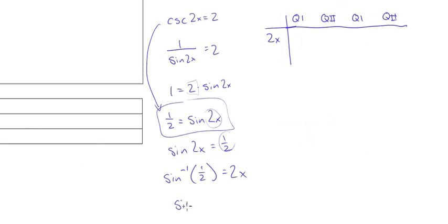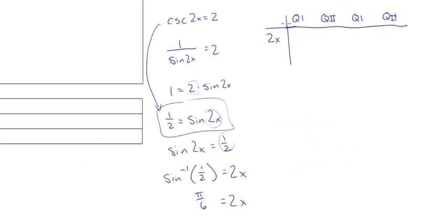It's when the angle, so 2x, would be pi over 6. To sketch that out one more time, we've got 1/2, that's our sine. That is the small angle, so 30 degrees, if we're talking about degrees, or pi over 6 in radians.